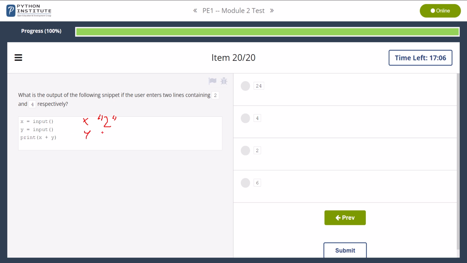And y will also be a string, but it will be a string of 4. And if these two strings are put together with a plus operation, this is actually not a mathematical operation, this is a concatenation. So that will produce a string of 24. That has to be the correct answer. Okay, and that was the last question.